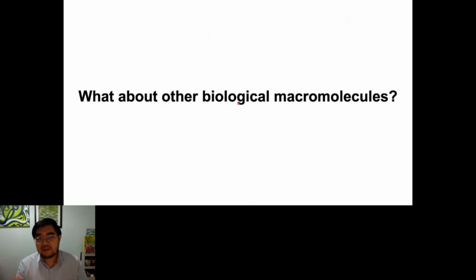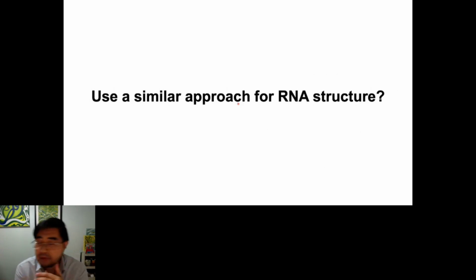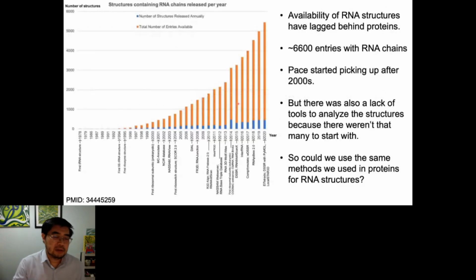So that's for proteins. What about other biological macromolecules? Can we use a similar approach for RNA structures? If we were to look at the RNA structures that are available in the PDB, this has lagged behind quite a lot compared to proteins, where there are over 200,000 structures already, and most of them are proteins.